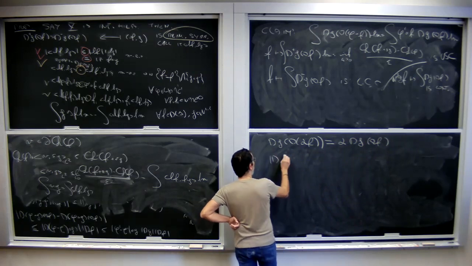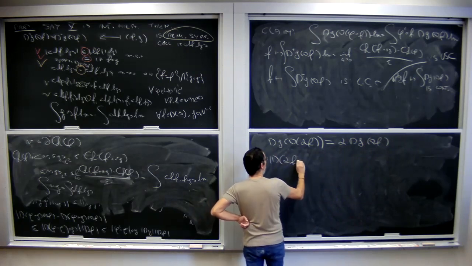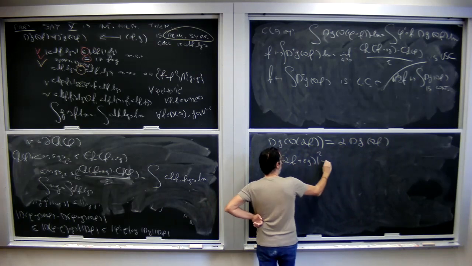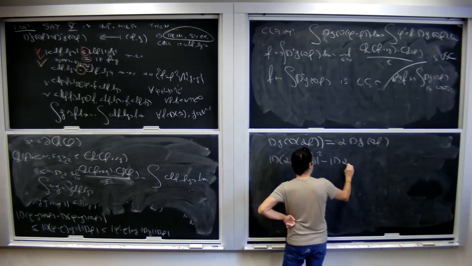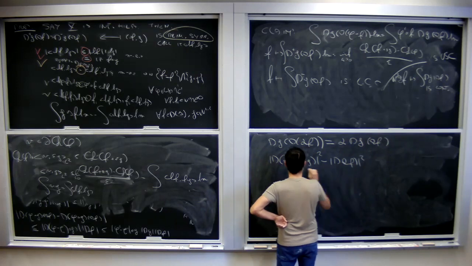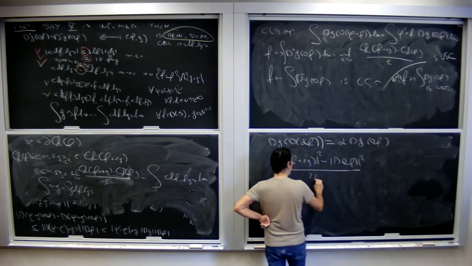The minimal weak upper gradient of alpha F plus epsilon G squared minus the minimal weak upper gradient of alpha F squared, divided by 2 epsilon.